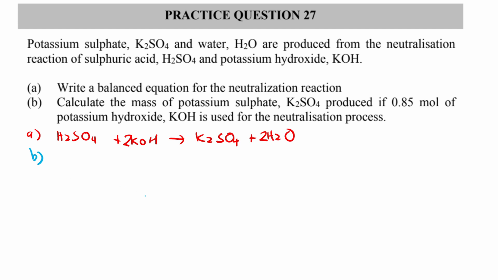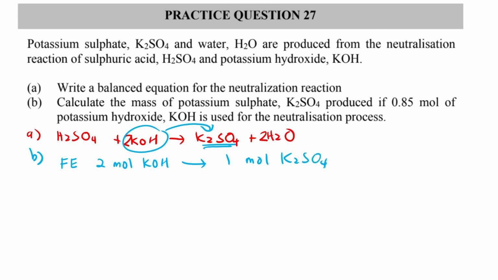Okay, question B: calculate the mass of K2SO4 if we have 0.85 mol of KOH. The relation between KOH and K2SO4 is 2 to 1. So from the equation, 2 mol KOH to 1 mol K2SO4. We have 0.85 mol of KOH, so how many mol of K2SO4?